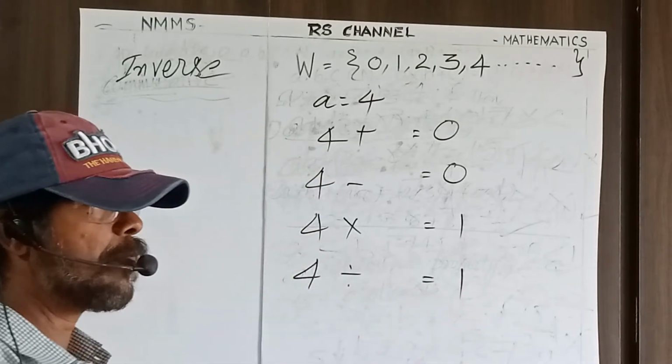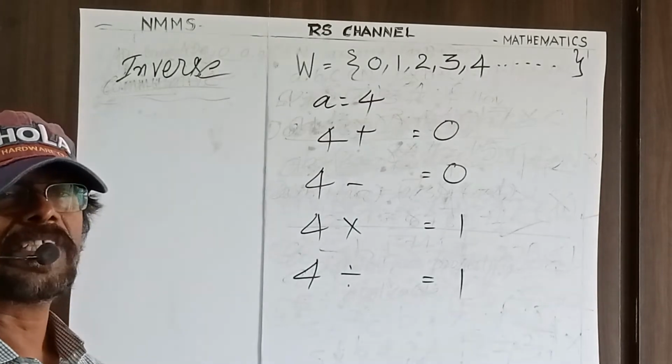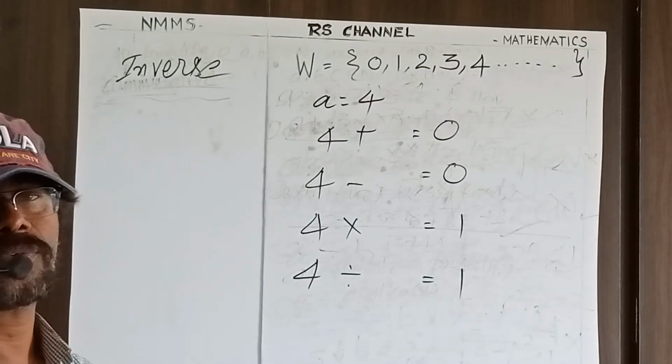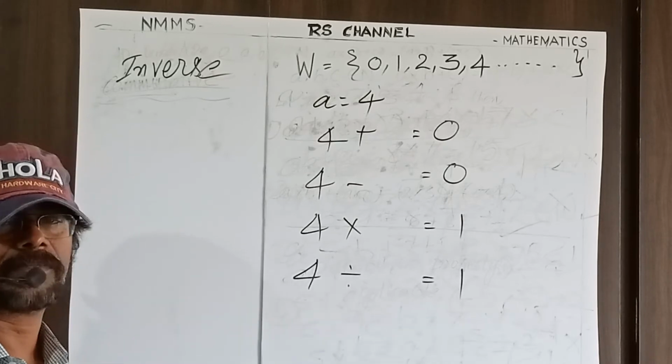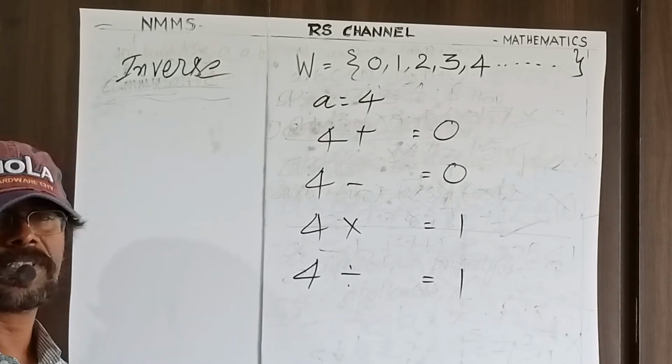Then we say these numbers are the inverse numbers to those, and the inverse properties are there.